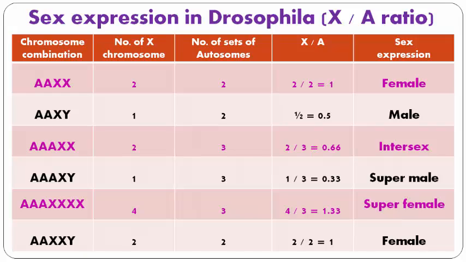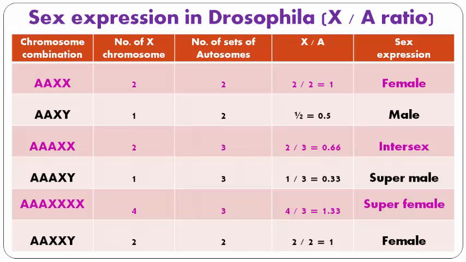AAAXXXX: 4 X chromosomes, 3 sets of autosomes, and X to A proportion 4 is to 3, that is 1.33, super female. Last combination, AAAXXY: 2 X chromosomes, 2 sets of autosomes, 2 is to 2, produces 1 and expresses as female.